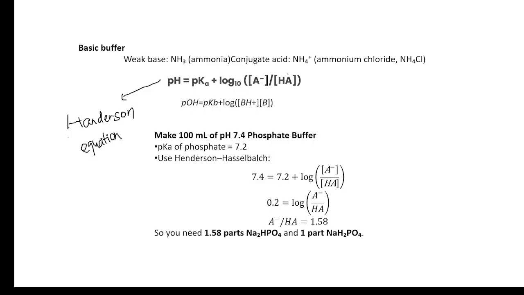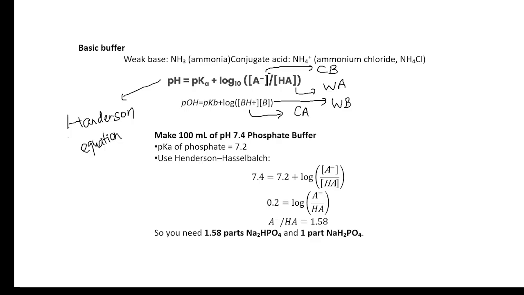So, for example, pH is equal to pKa plus log A negative divided by HA, where A negative is a conjugate base, and HA is a weak acid. Similarly, BH plus is the conjugate acid, and B is the weak base. Okay, so this is an example of the Henderson equation.